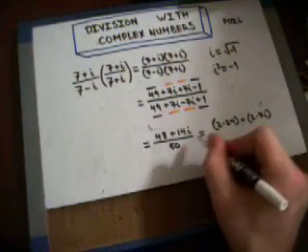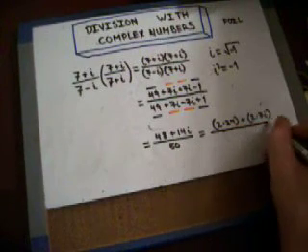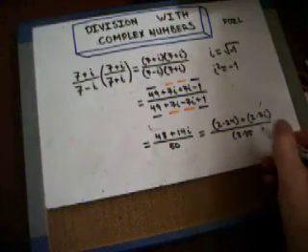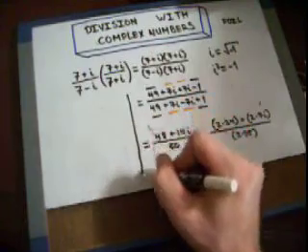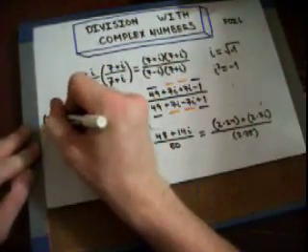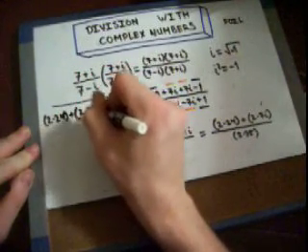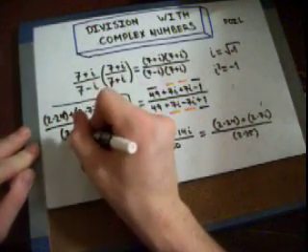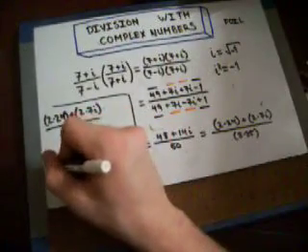This 50 in the denominator we can think of as 2 times 25. Let me copy it down real quick: 2 times 24 plus 2 times 7i over 2 times 25. Well, what we can do then is factor out the 2.